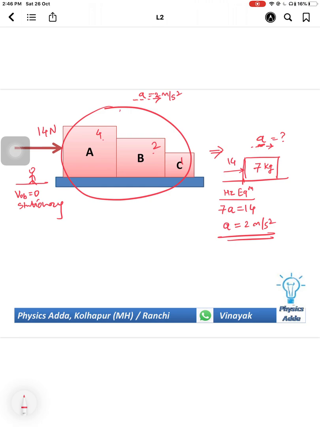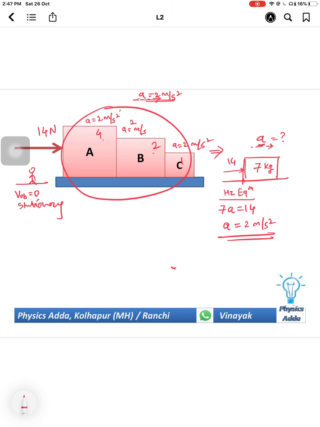Now, if all three blocks are moving with acceleration 2 meter per second square, then individual blocks will also move with acceleration 2 meter per second square, right? I need to find the normal reaction between A and B only.